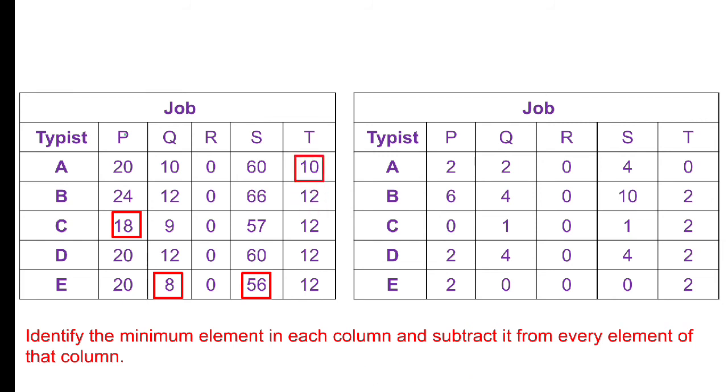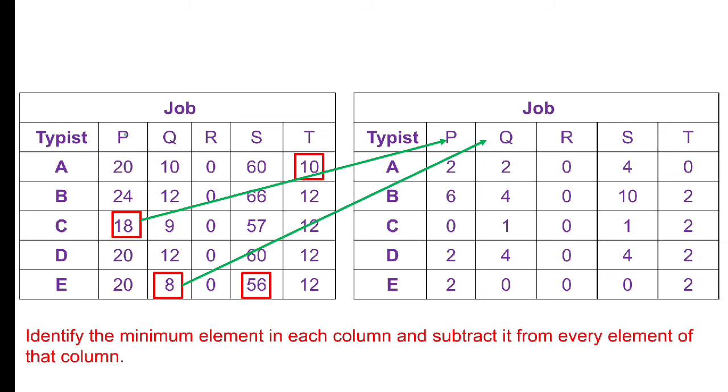In the first column, 18 is the minimum: 20 minus 18 will get 2, 24 minus 18 will get 6, 18 minus 18 will get 0, 20 minus 18 will get 2, 20 minus 18 will get 2. Similarly, the second column, that is the Q column, the minimum is 8, subtract with that: 10 minus 8 is 2, 12 minus 8 is 4, 9 minus 8 is 1, 12 minus 8 is 4, 8 minus 8 is 0. The third column already has 0 for all the values, so it will remain as it is.